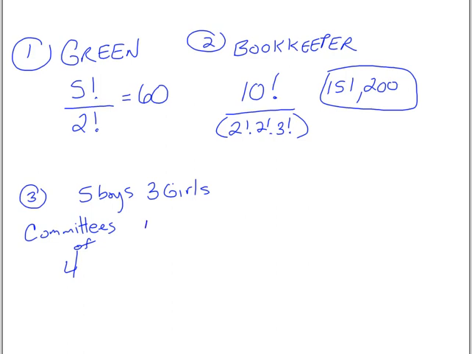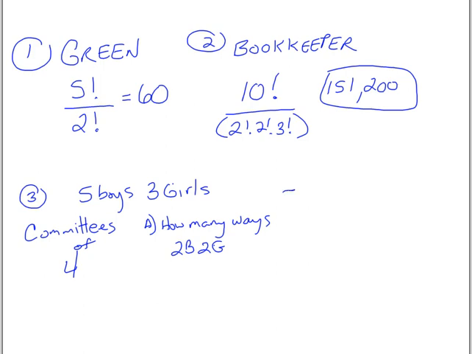So, part A. How many ways do you have 2 boys, 2 girls? Try it out. And now remember, this is a combination, committees are combinations.